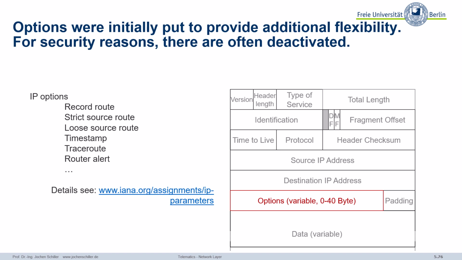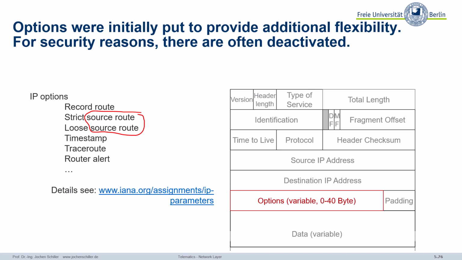Or you could also tell the packet which way to take. This is called source routing. We will see how this is done in reality, but in theory, that was the idea: tell a packet, please first go to this router, then go to that router, then go to that router. So the source determines the path. Then we can collect timestamps, etc. So many options.